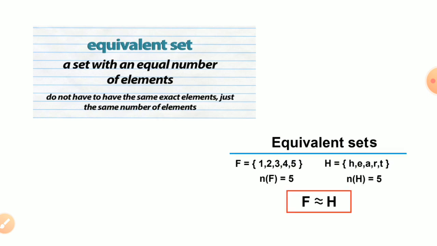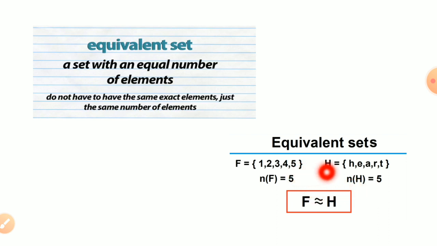Take an example. We have a set F which contains 1, 2, 3, 4 and 5. The number of elements in set F is 5. And we have a set H which contains H, E, A, R, T. The number of elements of set H is also 5. Both the sets have 5 elements.